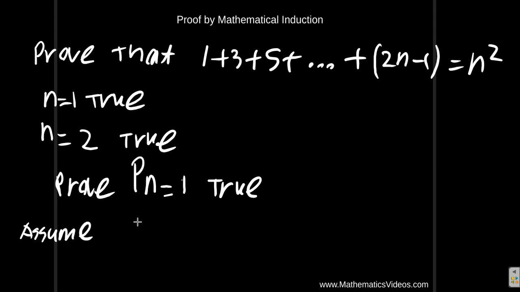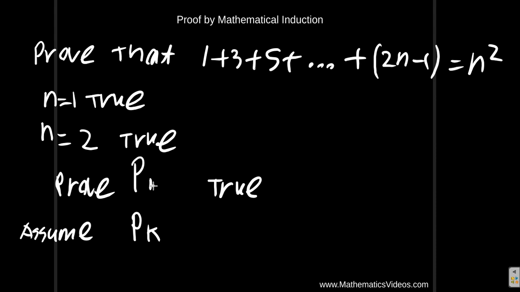You assume the statement is true for Pk. In fact, Pn when n equals 1 is P1. You prove that it is true for n equals 1. You could prove it is true for n equals 2 if you want, or n equals 3. But it does not mean that it is true for the next number.